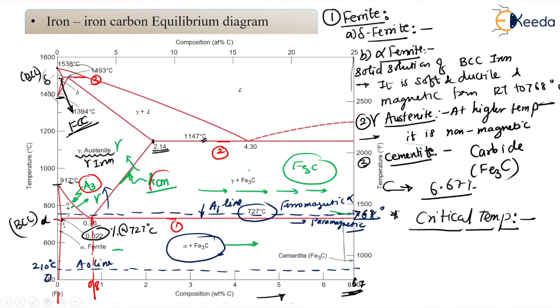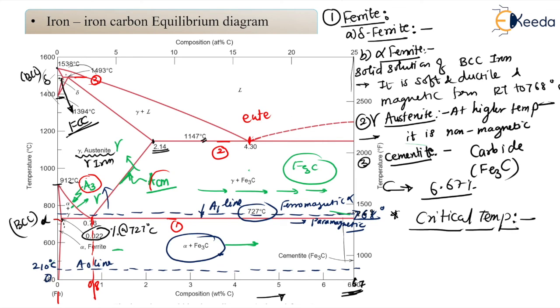Definitely, then tell me how many reactions we will have in this diagram. So 3 reactions. You can see here a sudden dip in composition as well as temperature. This point will be the eutectic. This will be the eutectic reaction, dear students.